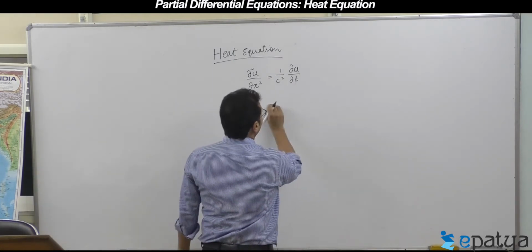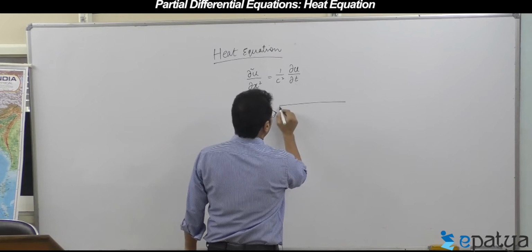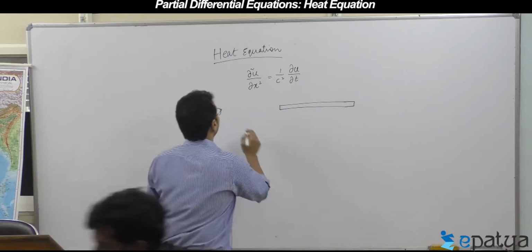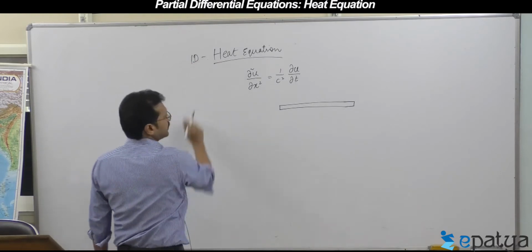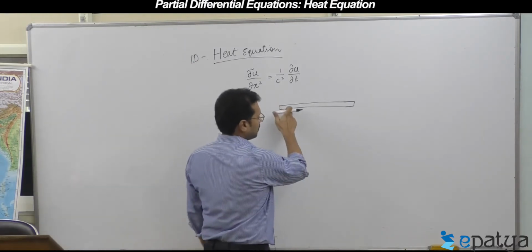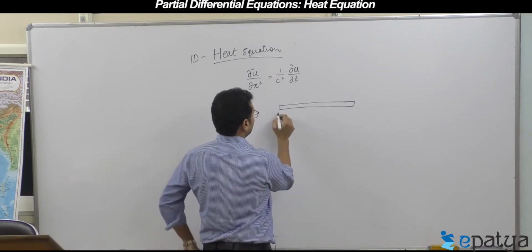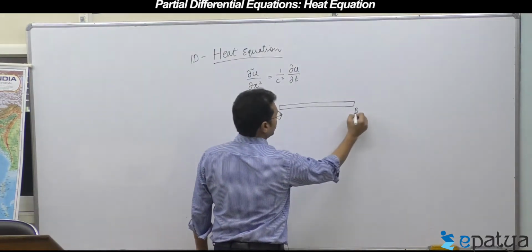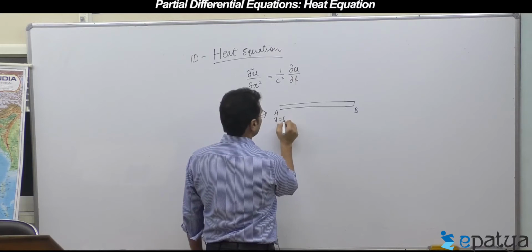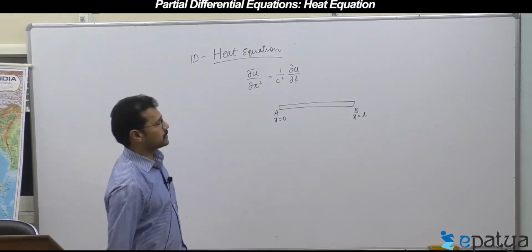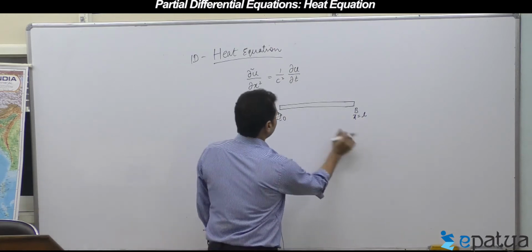So for any given object, since we are looking at one dimension heat flow, heat flow will be only along the x direction. Suppose this is A, this is B. Suppose this is x equal to 0, this is x equal to L.